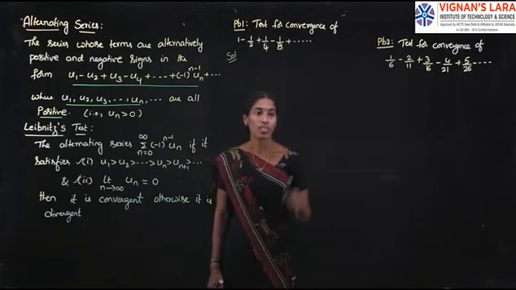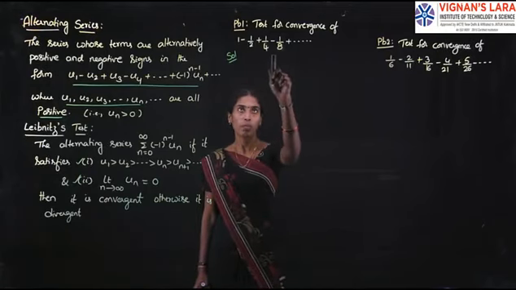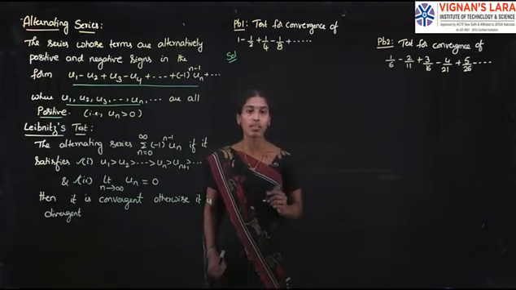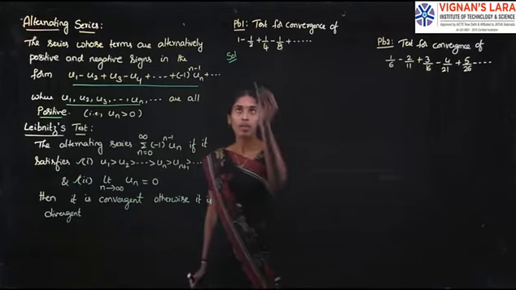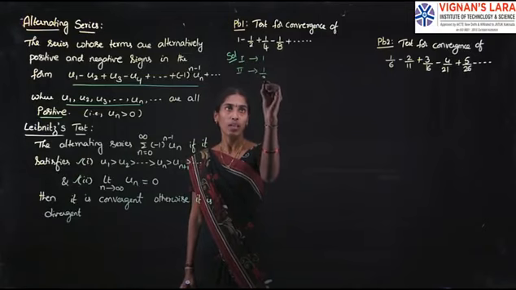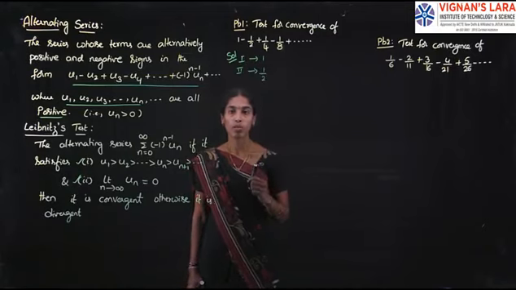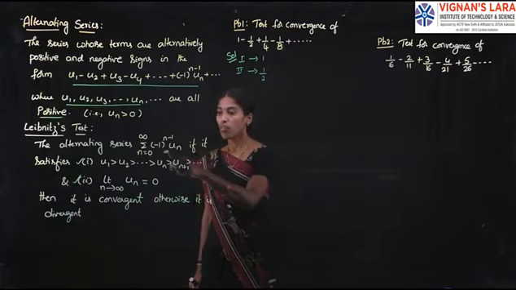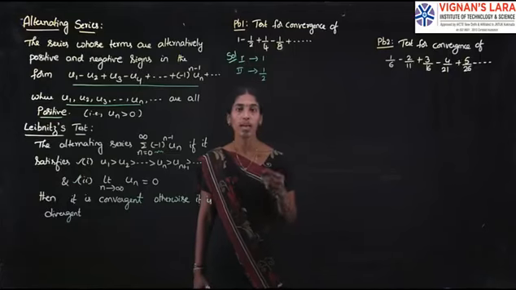First problem is test for convergence of 1 minus 1 by 2 plus 1 by 4 minus 1 by 8 and so on. First we have to write down its generalized form. First term is 1, second term is 1 by 2. Leave the signs before the terms. To represent those alternating signs, we have to mention (-1) to the power n minus 1.